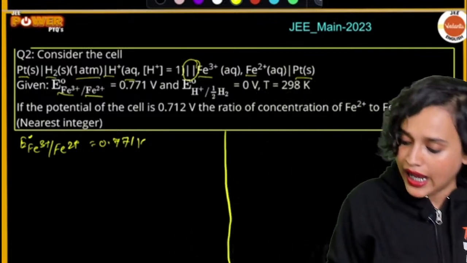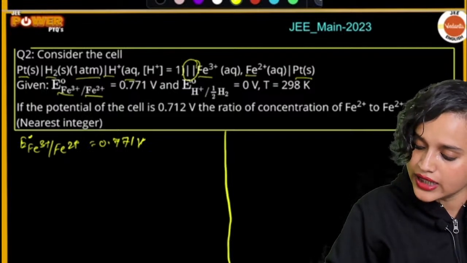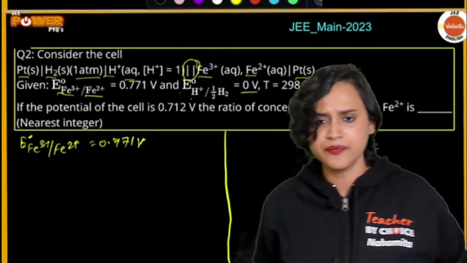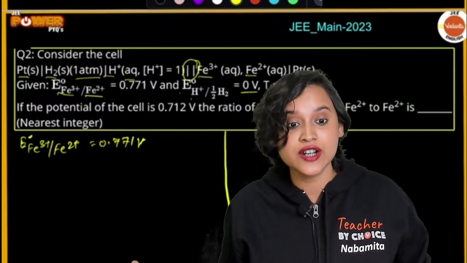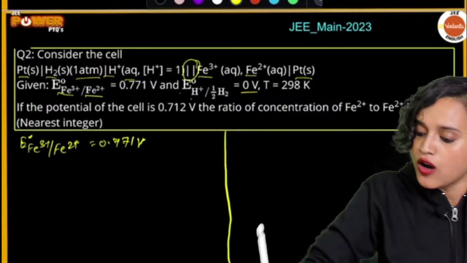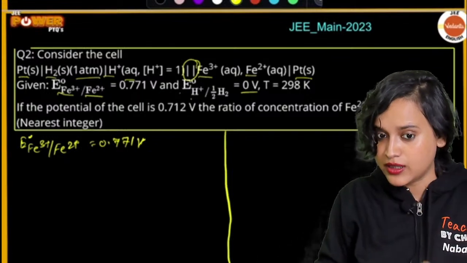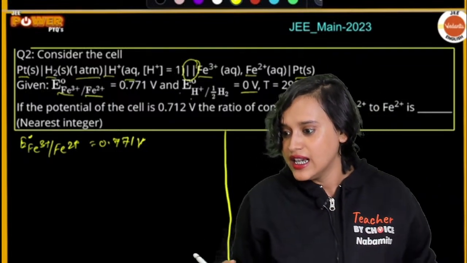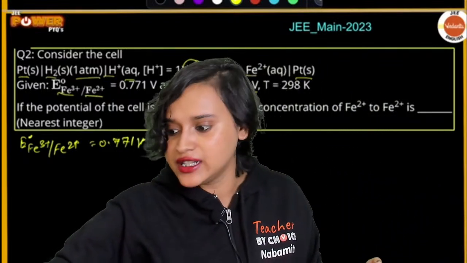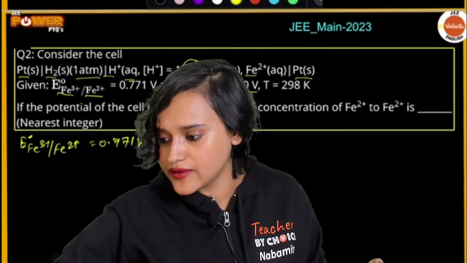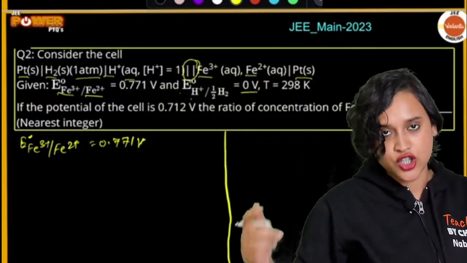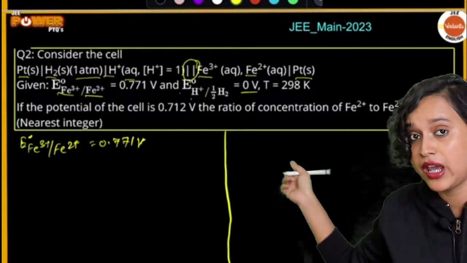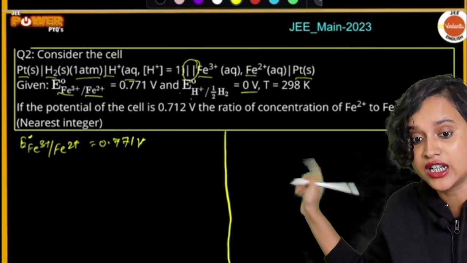Great. And you are also given that E naught of H plus to half H2 is equal to 0 volt. That is obvious. That is why we use it as the standard hydrogen electrode potential, right? So now coming back to the concept, we have to write down the whole equation. Please pay attention, this can be a little confusing.